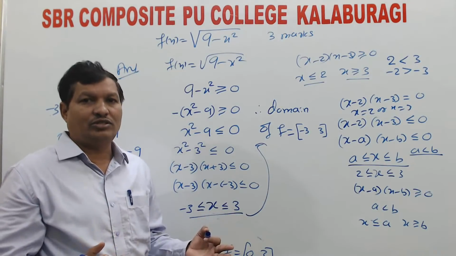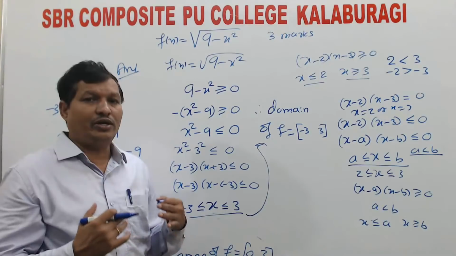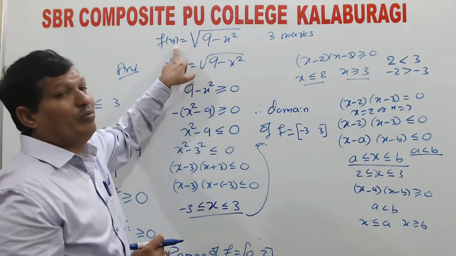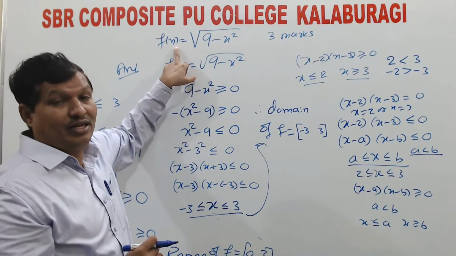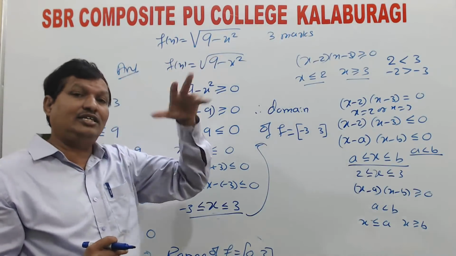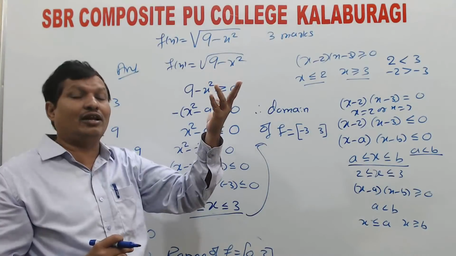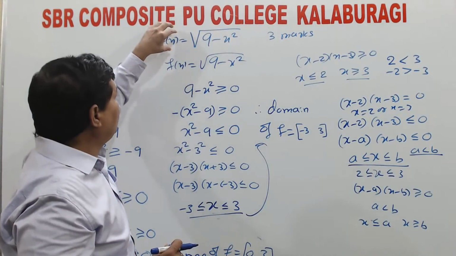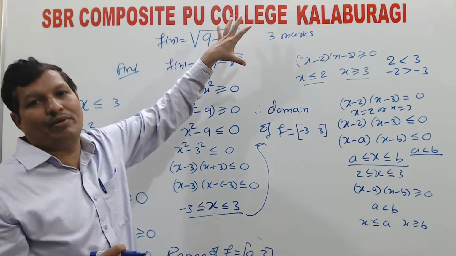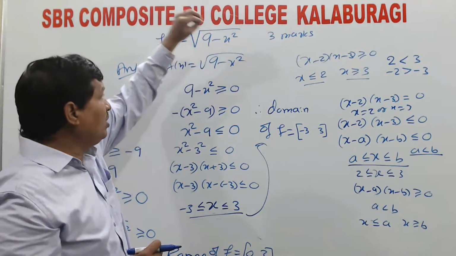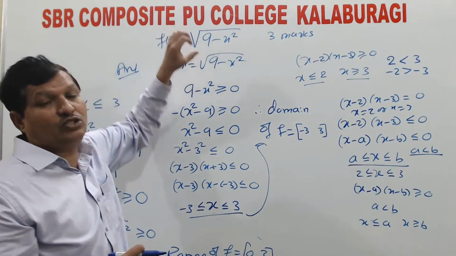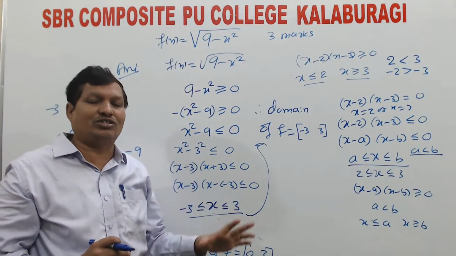Some confusion is also there because of imagination. Here, for what value of x will f of x exist as a real number? It is not easy, because x as a real number means infinite elements are there. For what value of x, if you substitute here, will f of x be a real number? For that value of x, what are the values of f of x? The f of x values give the range of the function.